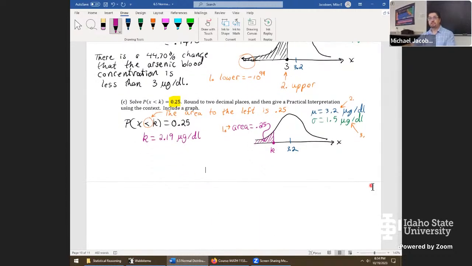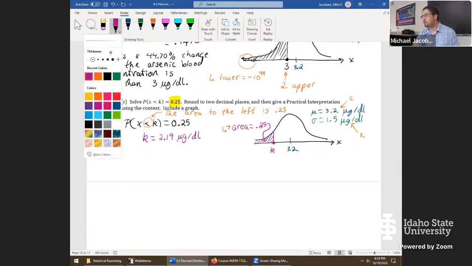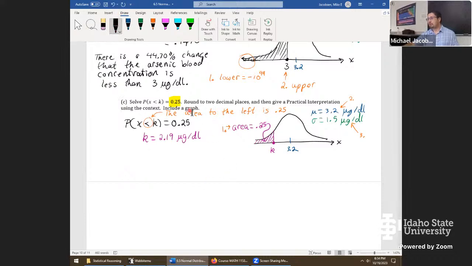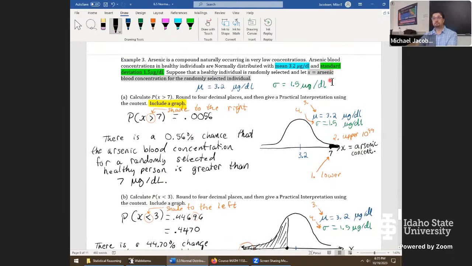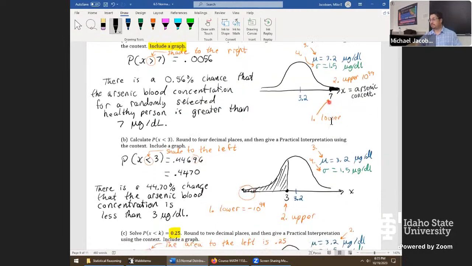So pretty much this interpretation, you could just say, let's start right here with the percentage. There is a 25% chance that, we have to recall what X is, but it's always good to underline it or shade it or something because it's going to come up repeatedly. X is the blood arsenic concentration.